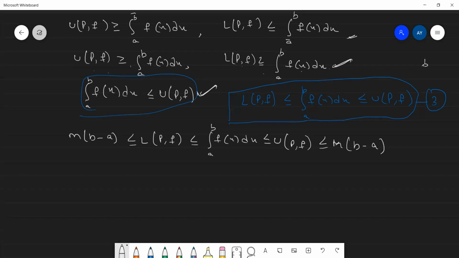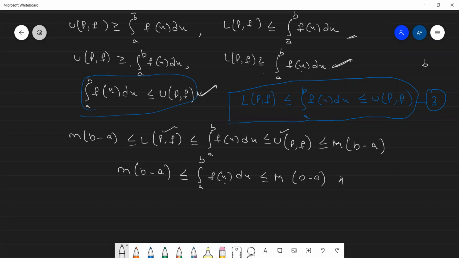Okay, so as these are less than or equal to, you can directly write small m into b minus a is less than or equal to the integral a to b f of x dx. This is less than or equal to capital M into b minus a.